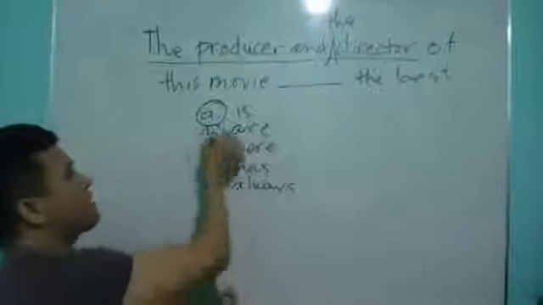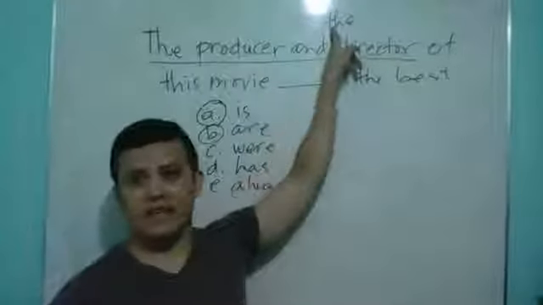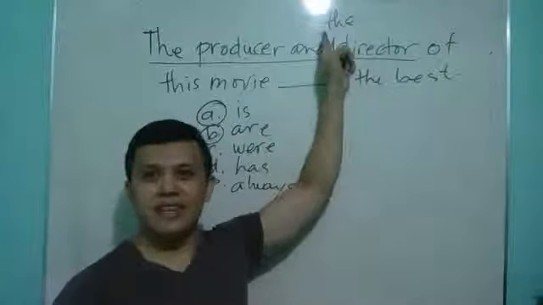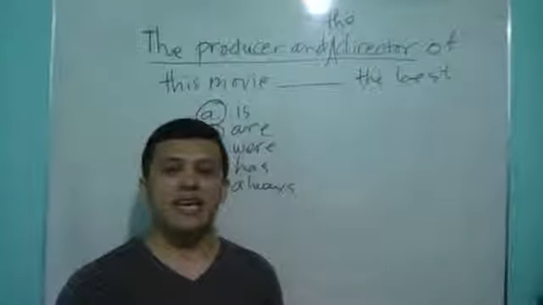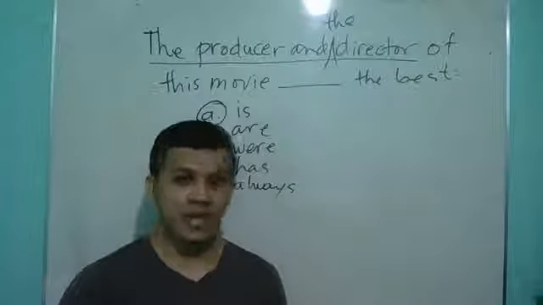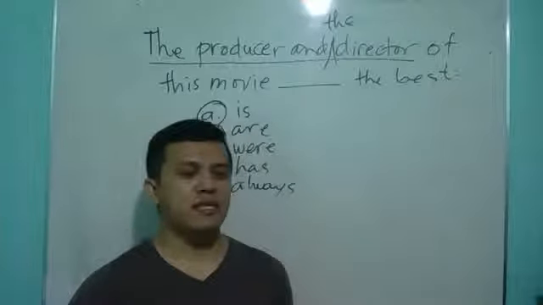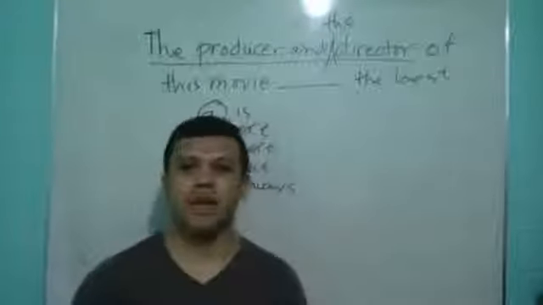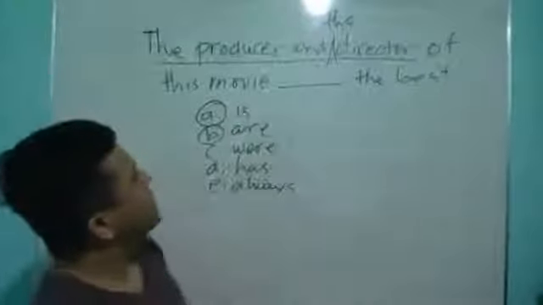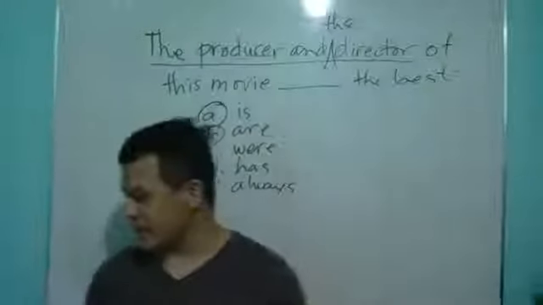Are. That would be letter B. Did you get it? That's the rule in compound subjects joined by and. Remember that. If a compound subject is joined by or, that's another thing. There you go.